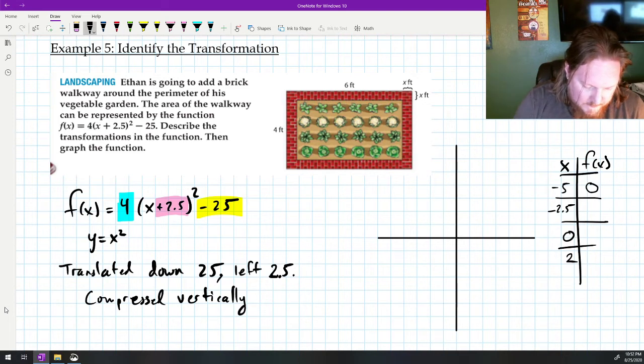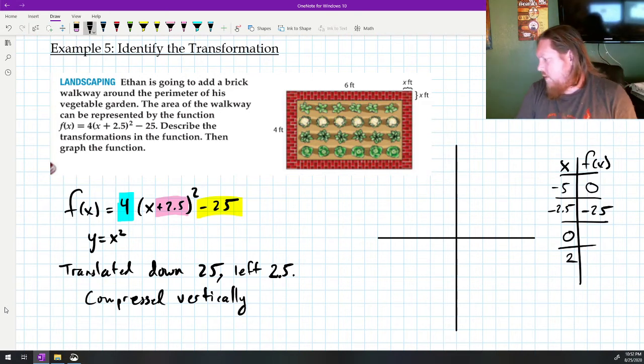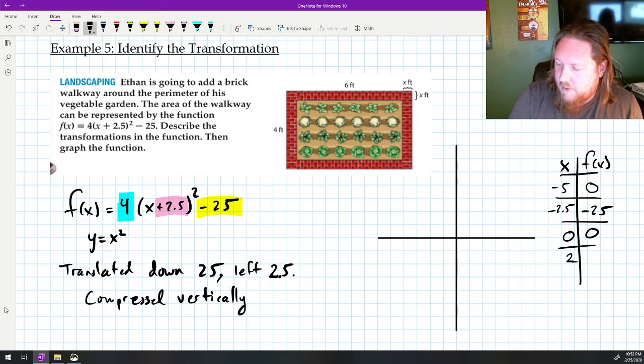Now let's do it again. Change that into negative 2.5, and I get negative 25. Now I'm going to plug in 0. And, oh, I get another 0 there. That's nice.